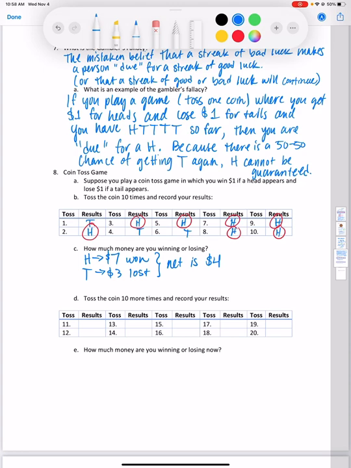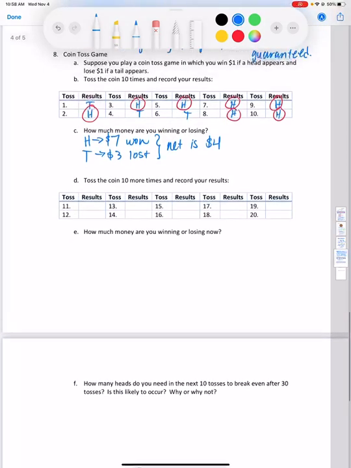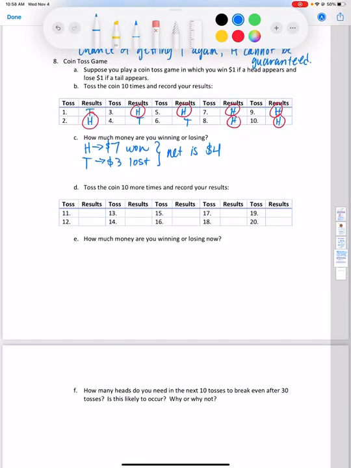All right, so let's go ahead and toss the coin 10 more times and see how this gambler's fallacy might work. Tails. Tails. Tails. Tails. Okay, so I might have thought it might have been due for heads, but I got 4 tails now. 5 tails. 6 tails. 7 tails.